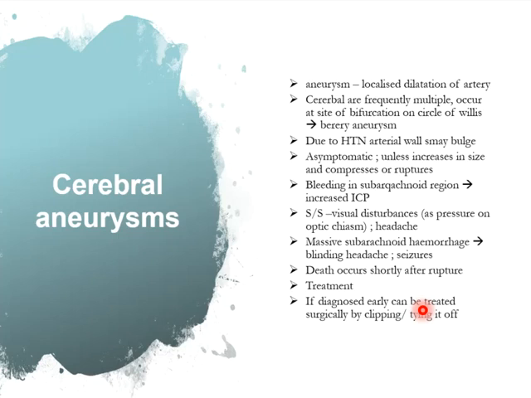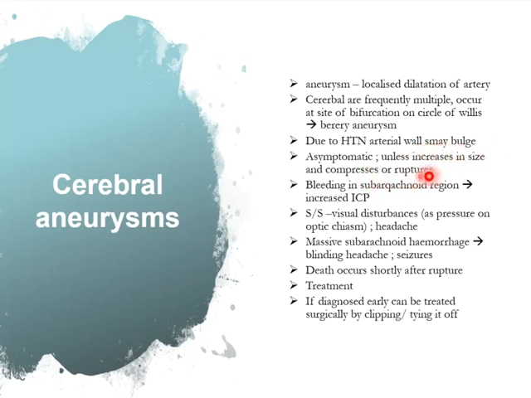Now cerebral aneurysms are frequently multiple, occurring at the site of bifurcation on the circle of Willis, and that is called a perianeurysm, and this circle of Willis is located at the optic chiasma. Okay, I'll show you in the next image. Due to hypertension, the arterial wall may bulge, as we just discussed, because of any problem with the structure of the artery, or if the artery is constantly under high pressure, it is going to bulge.